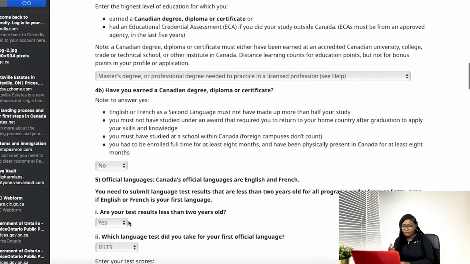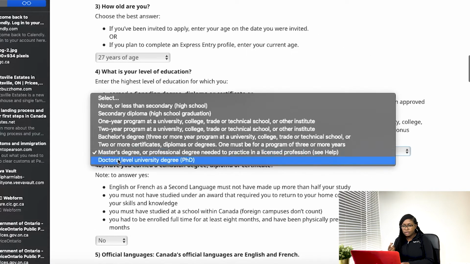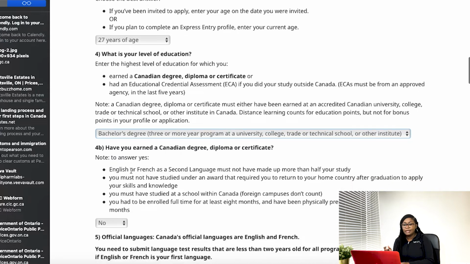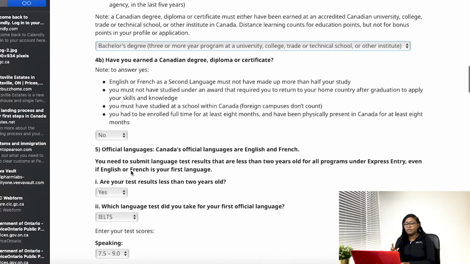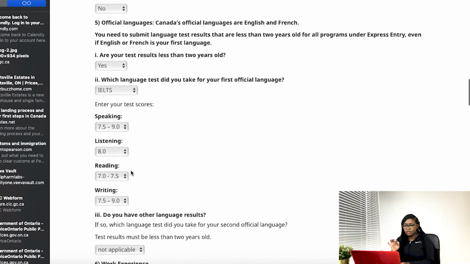So we're gonna just go back up and I'm gonna show you how the English test can make or break your application. I'm also gonna change the master's degree to just a bachelor's degree, so you also can see that as well. So we are gonna say a bachelor's degree, and the primary applicant, I'm gonna tweak the scores for the test.